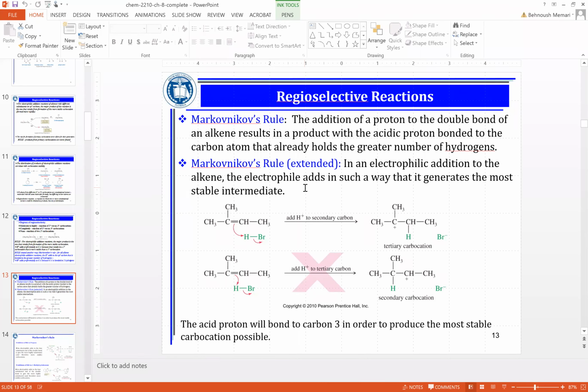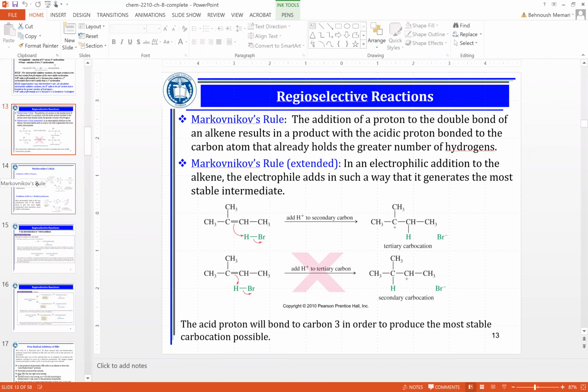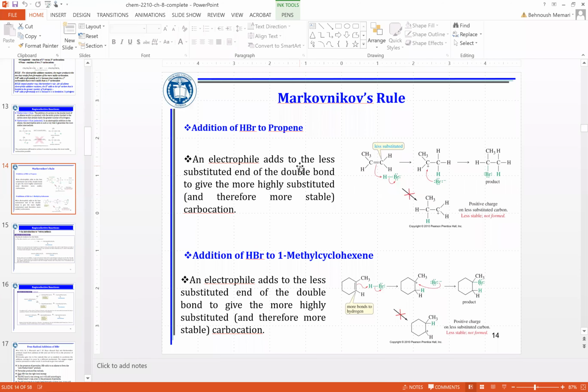Or you can say that it will add in a way that is going to create a more stable intermediate, or more stable carbocation. Intermediate is a better term because it's going to cover all other intermediates like a free radical as well.